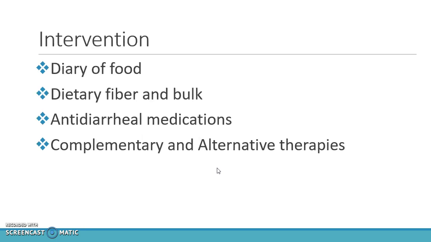Interventions include a diary of the food to see which is bothersome and which causes the constipation or the diarrhea, including dietary fiber in bulk, and anti-diarrheal medications for the IBS-D, and some complementary and alternative therapies, which include probiotics, acupuncture, moxibustion, which treats flatulence and bloating and improves stool consistency, as well as stress management.